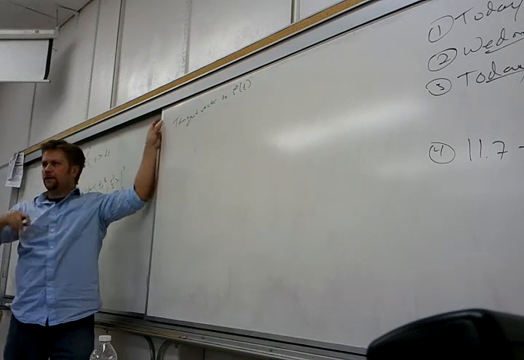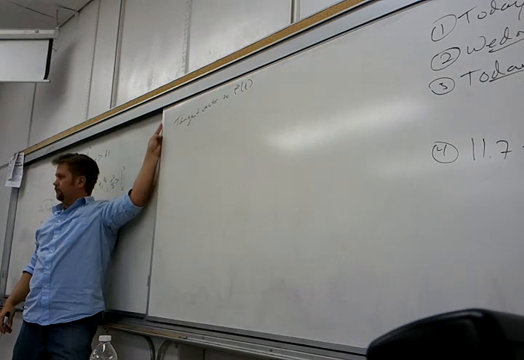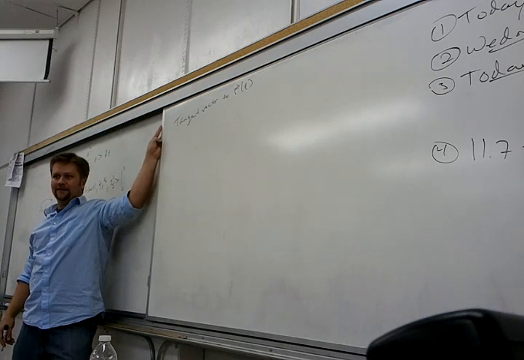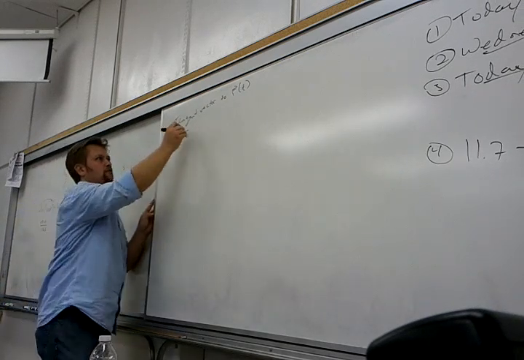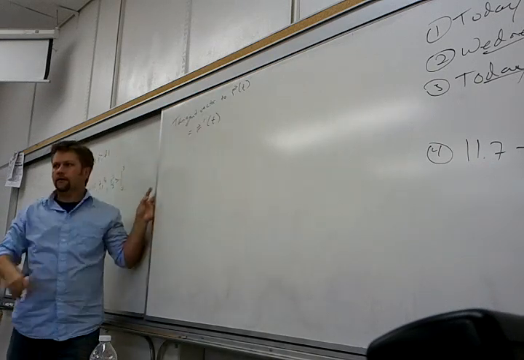And how do you find the tangent vector? Just a tangent vector for a given vector valued function. Find the derivative. Yeah. So the tangent vector would be r prime of t.